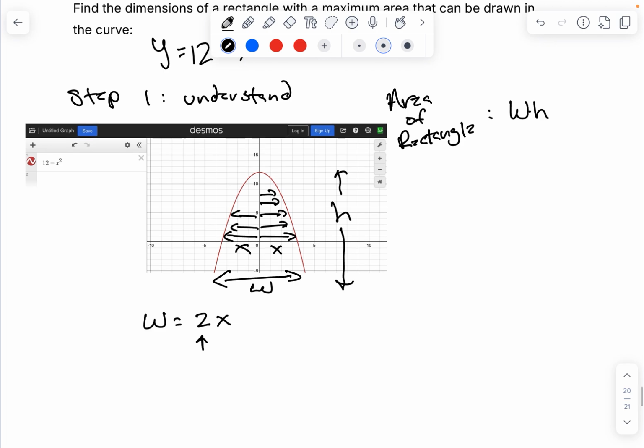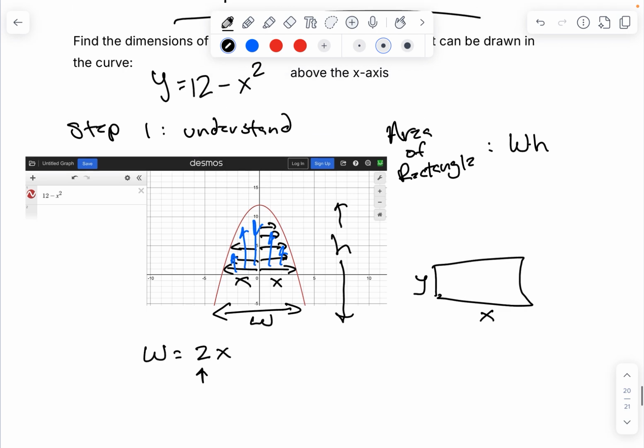Now let's do the height. x is just one side, right? So we're going to have y to be that part. But now y also varies quite significantly, right? There's a curve to it. So to find y, we are already given the curve right here.